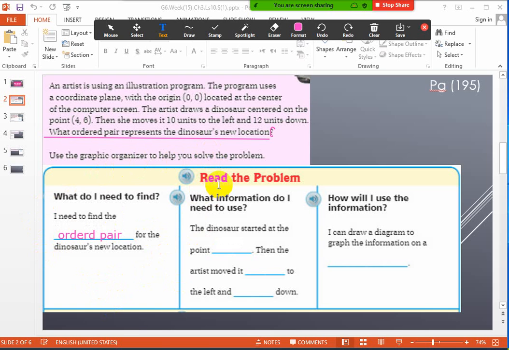The second one. What information do I need to use? I have to look for the numbers in the problem. Do you remember? I told you in this step you have to look for the numbers. What are the numbers written in my problem?